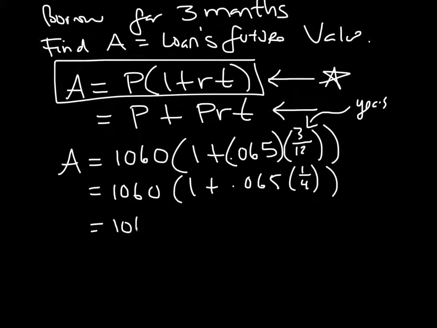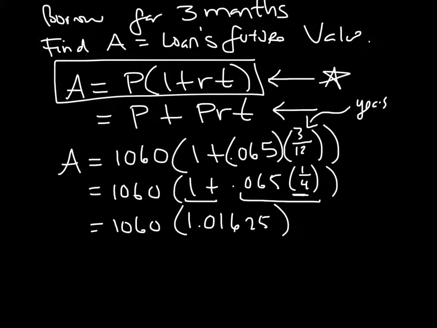I'm going to put in 1060 times, and I'm punching in 0.25 times 0.065 in my calculator, and I get 0.01625, but I'm going to add 1 because I'm adding this 1. Then I'm going to multiply that by 1060.